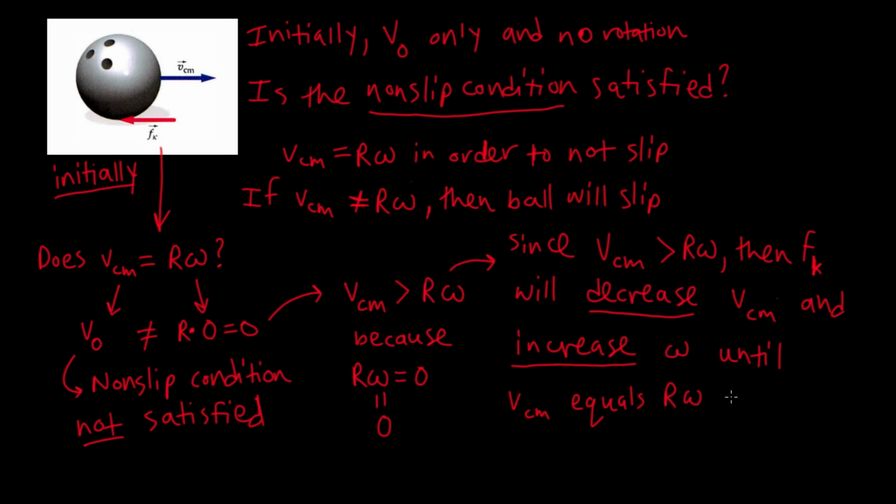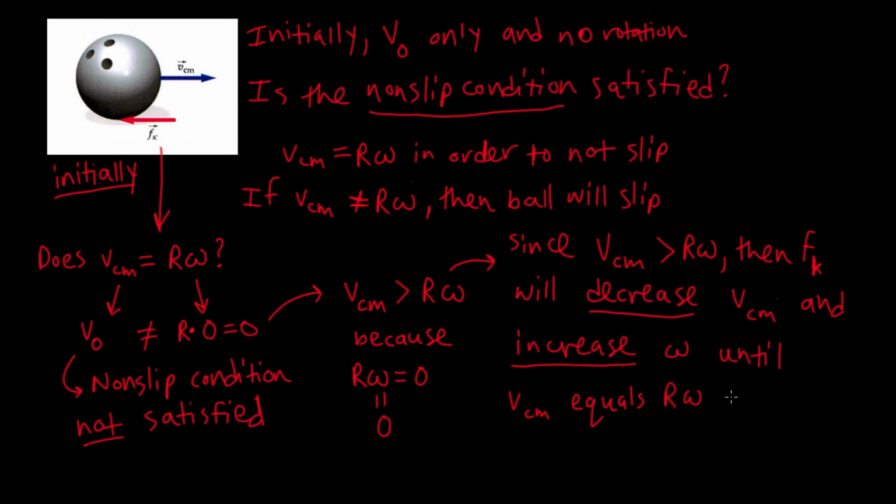Now, why is this? Initially we know that the velocity of the center of mass is greater than r times the angular speed. So the force of kinetic friction will try to decrease the high velocity of the center of mass, and it will try to increase the small angular speed of the object until the non-slip condition is satisfied, or until the velocity of the center of mass equals r times the angular speed.